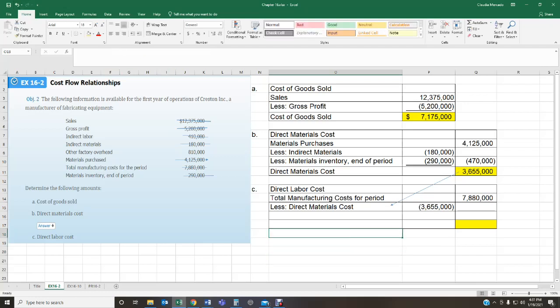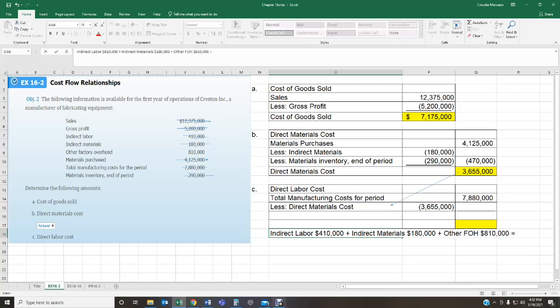I deleted it. Let me do it again. So we've got indirect labor, sorry about that, of 410,000 plus indirect materials of 180,000 plus other factory overhead of 810,000.